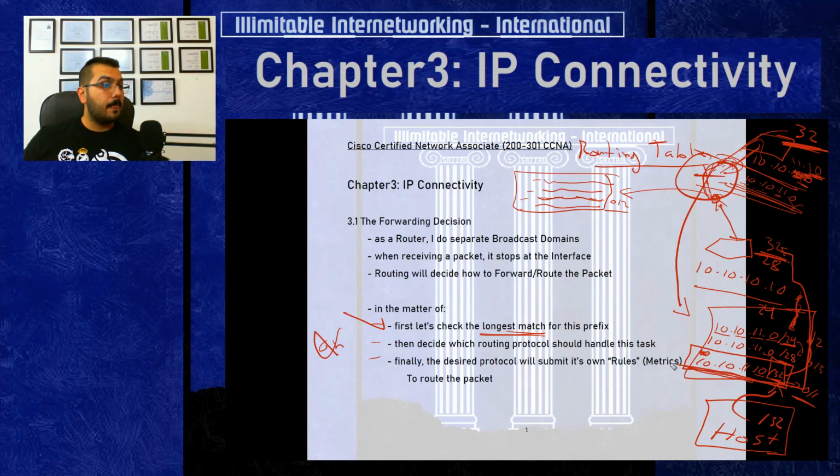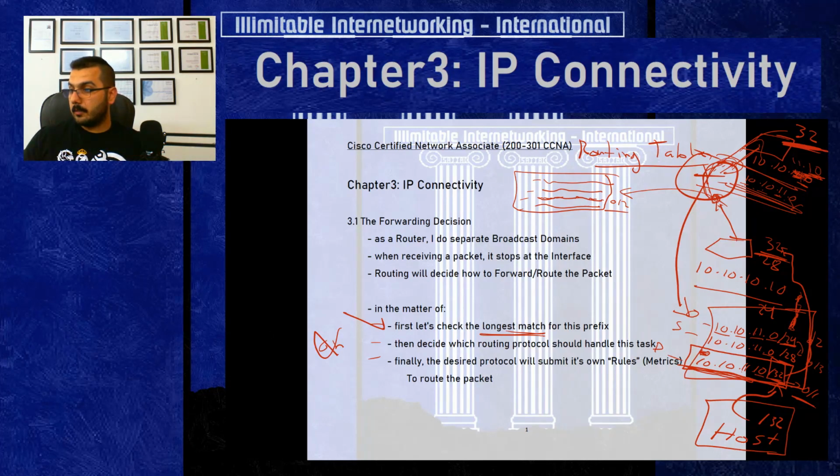After that, inside the routing table, each one of these routes has a specific routing protocol assigned to it. The first thing I'm asking you to do is to understand the longest match criteria.